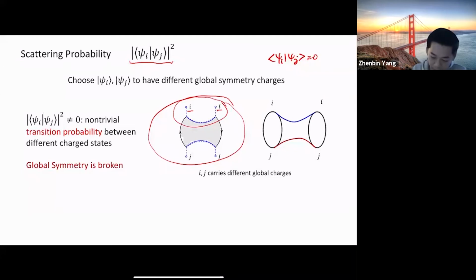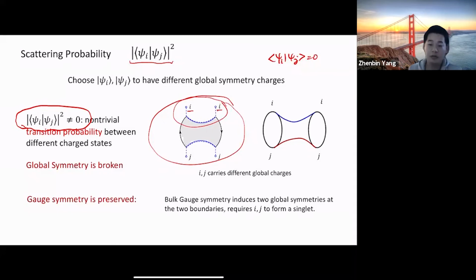And so the fact that the gravitational path integral will give you a non-zero answer will mean that the global symmetry will be broken. On the other hand, gauge symmetry is preserved. That is because when you have a bulk gauge symmetry, this will induce two global symmetries in the presence of two boundaries.